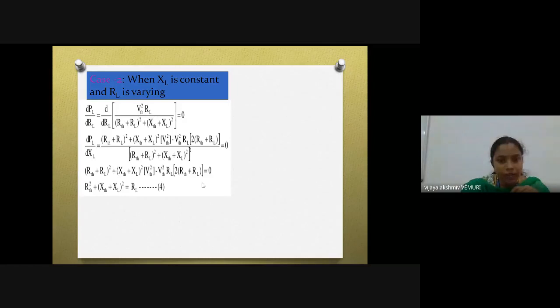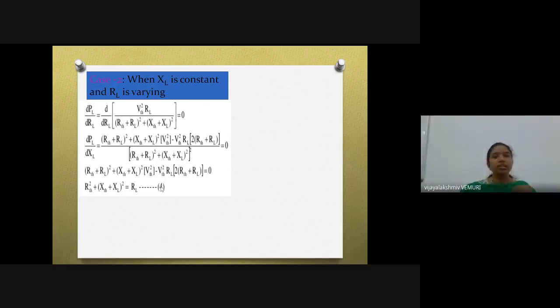Okay, so when you expand the numerator, you have to take VTH square common. Next, you can take RTH plus RL also common, and you can take it to that side, it becomes 0. Then you will be left with RTH plus RL plus... you just tell me whether you got this equation or not, every one of you.